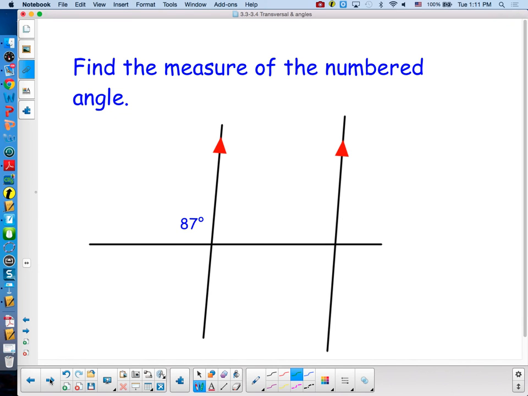Let's have you find this one. How many degrees? Okay. If you have a reason. Okay, very good. Alternate exterior angles, 87 degrees.